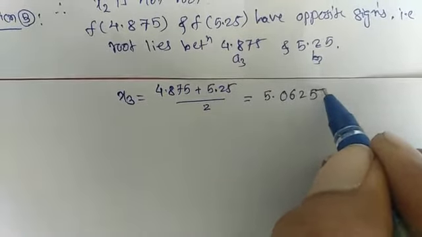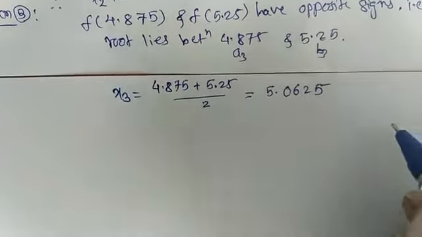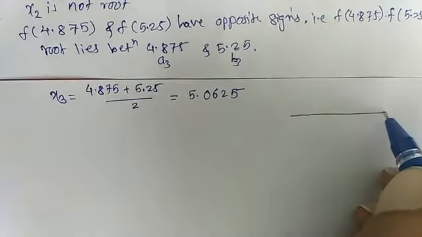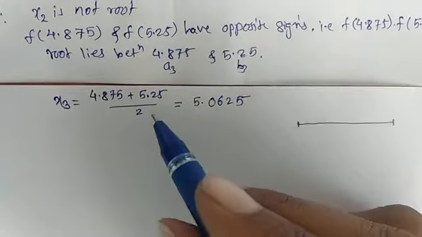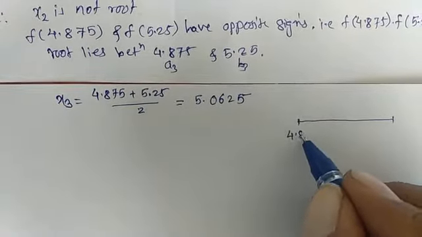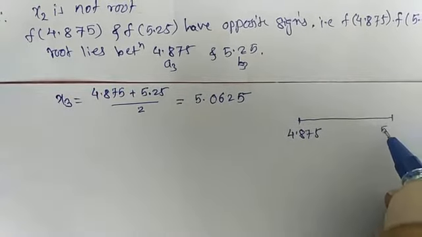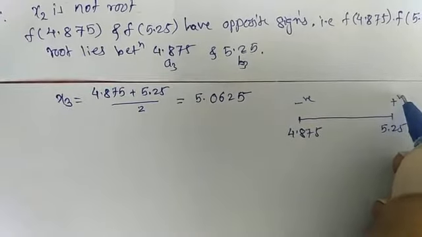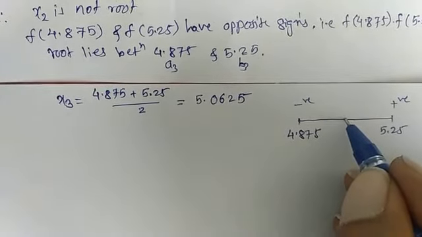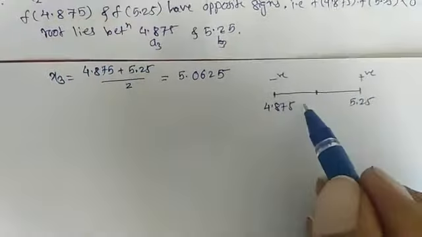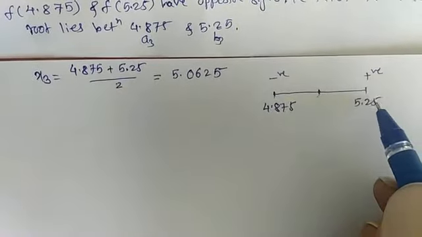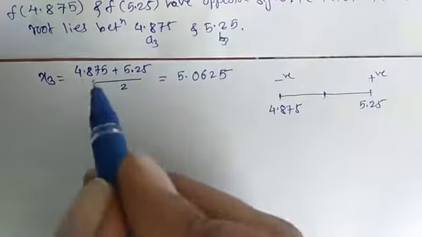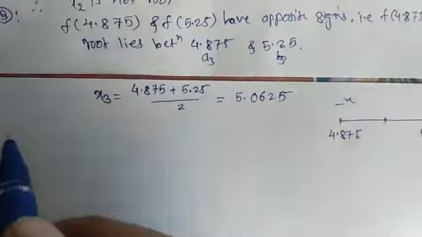5.0625. Here we have an interval from 4.875 to 5.25. 4.875 is negative and 5.25 is positive, so the next point will be in between these two. Here x3 is 5.0625, so we put it in equation 1.